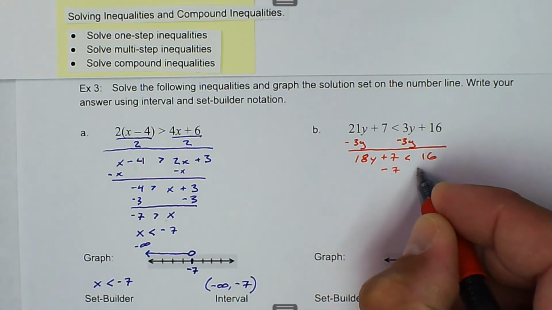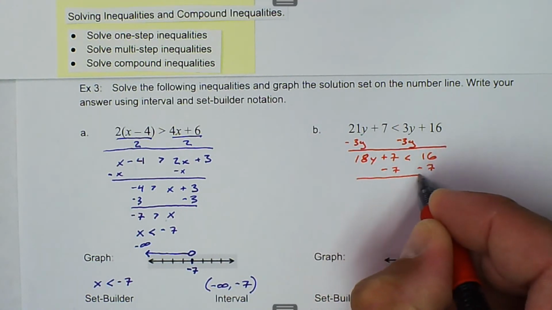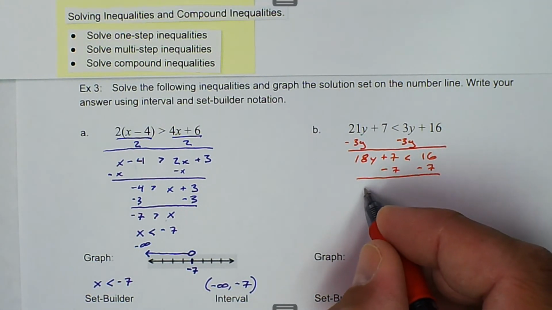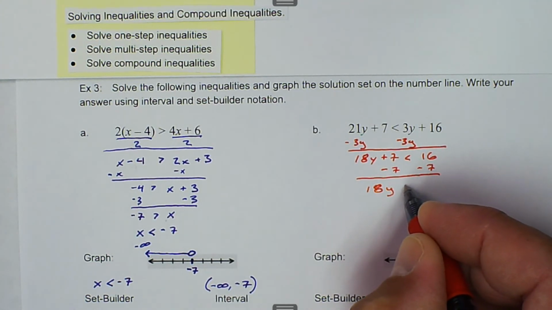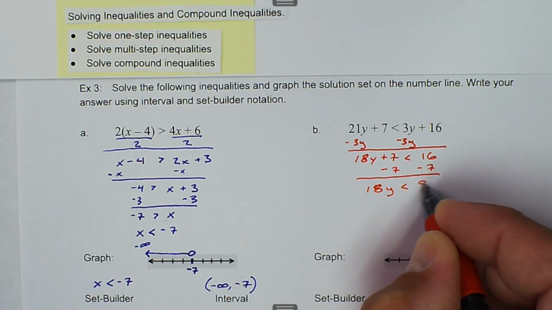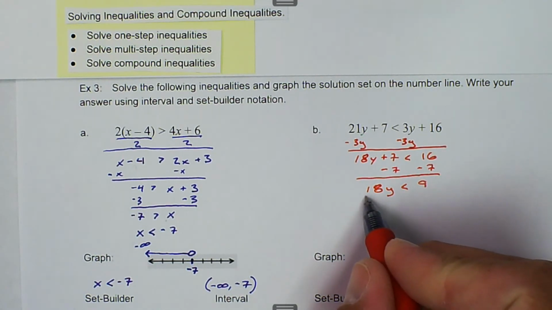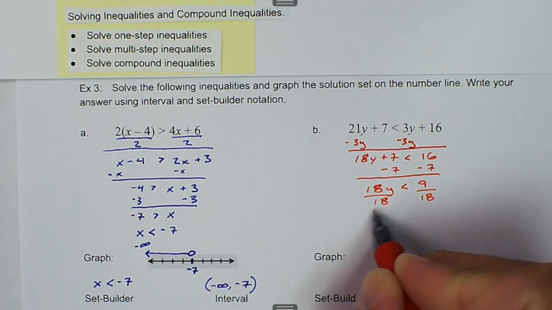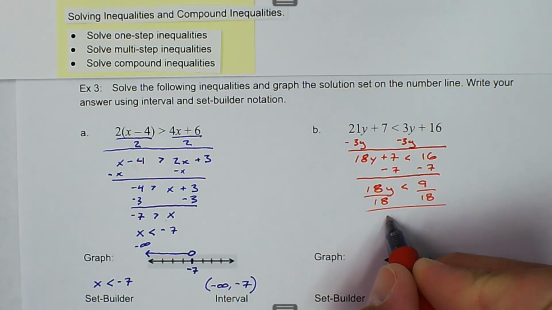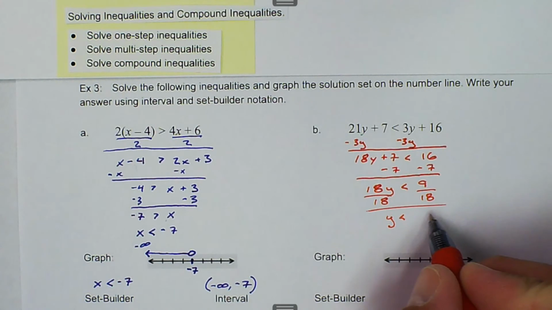Then we're going to subtract 7. And we get 18y is less than 9. And we got to get y by itself, so we can divide by 18. And then we get y is less than 1/2.